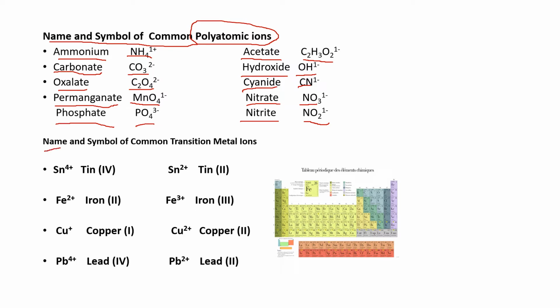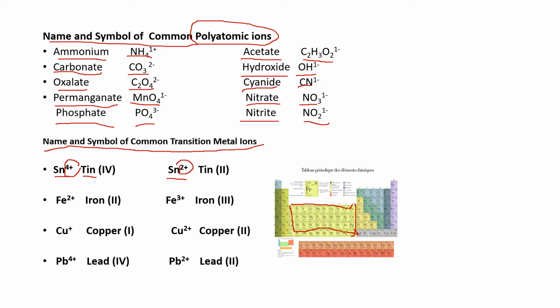And then we have here the name and symbols of common transition metal ions. So if you look at the periodic table, all of these are transition metals in the middle, right? And they have more than one oxidation number. For example, tin, the symbol is Sn, and they have two oxidation numbers, 4 positive and 2 positive.